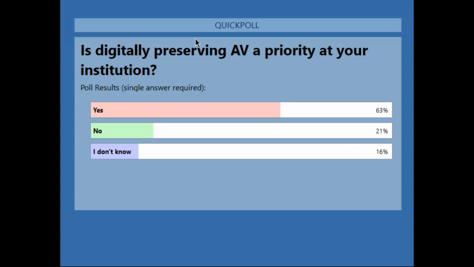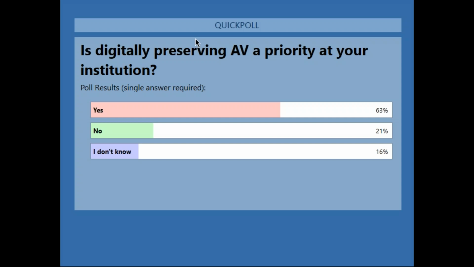Okay, what I'm seeing here is that the majority of people have stated that it is a priority at your institution. That's good to know. There are other aspects to why AV digitization and preservation might not be a priority, and we could talk a little bit about that in the question and answer period.